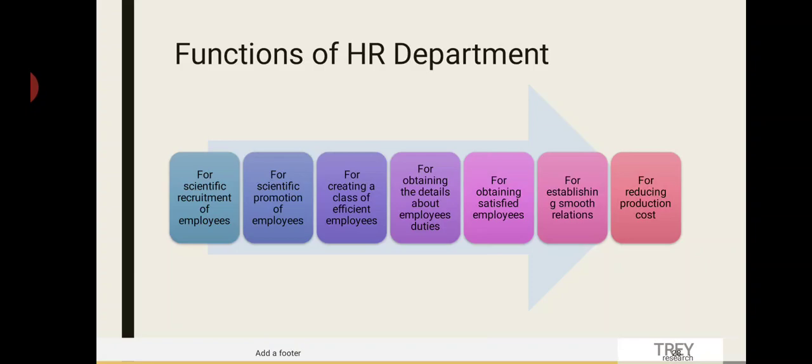So it is very important. This is going to make the relations automatically smooth. If there is a healthy relationship between the management and employees, naturally the organization is going to develop. So that is the sixth function, and moving towards the last one.